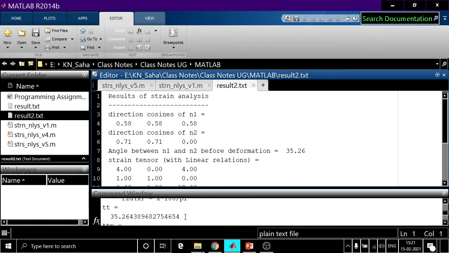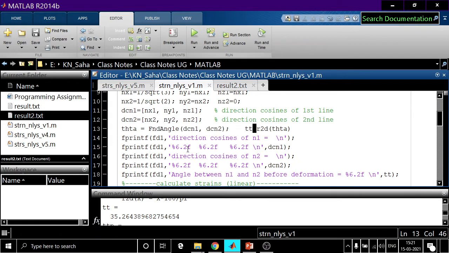But actually we are getting more digits on screen. So why only 2 digits are available here? Because of the format we have used. We could have used 6.4 here and you would get more digits. That you can do yourself. This part is clear. Let us again suppress this.